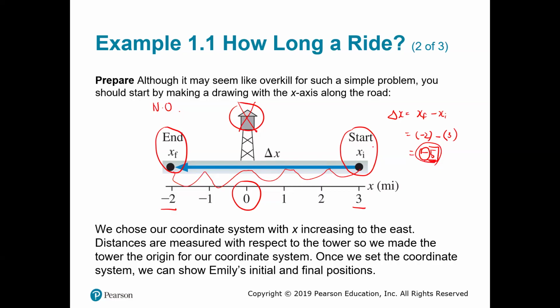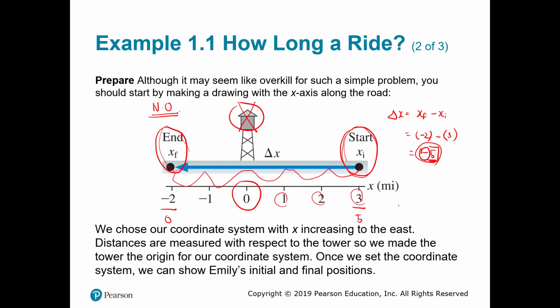Even though you don't have the old position information anymore, with the new origin this is 5 and this has got to be 0 in the new reference system. But physically, Emily starts from here and ends here, so she still moves 5 miles to the left.